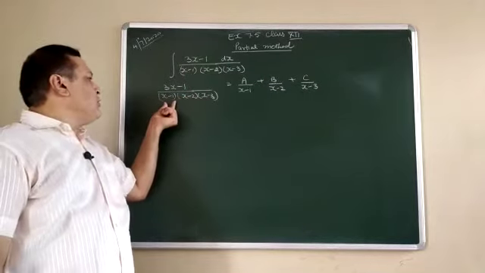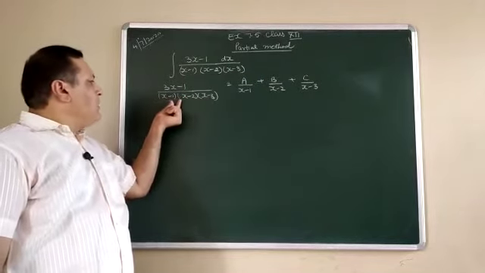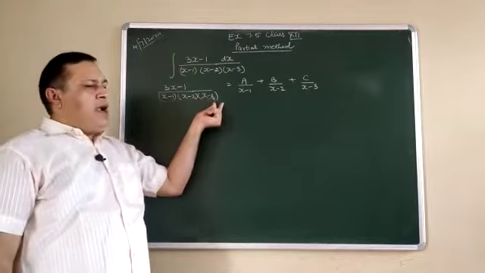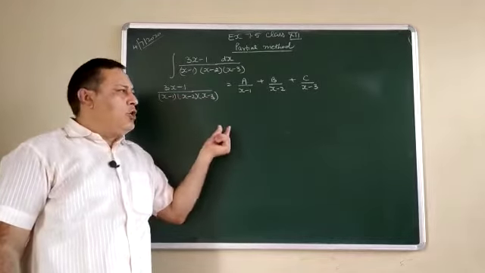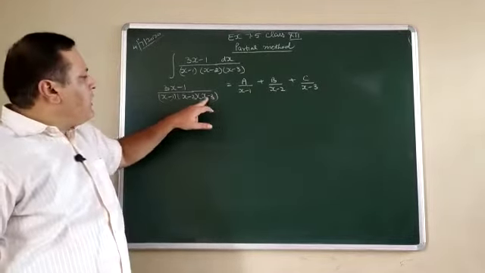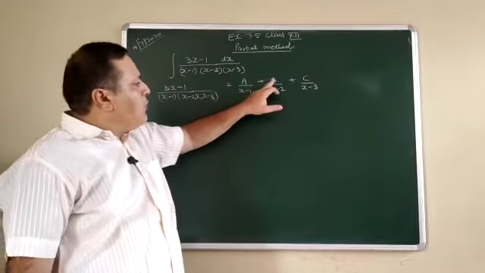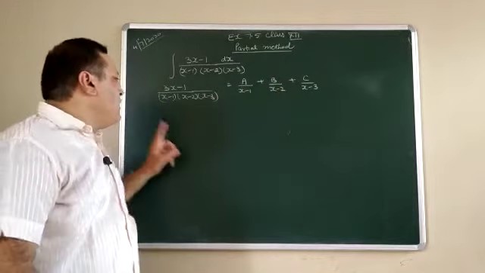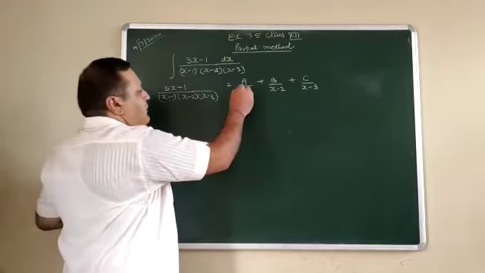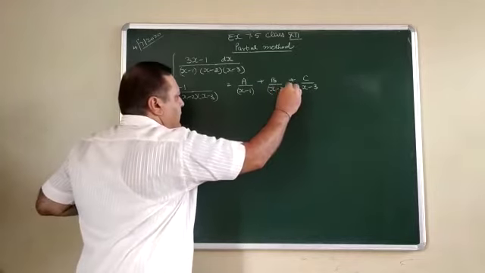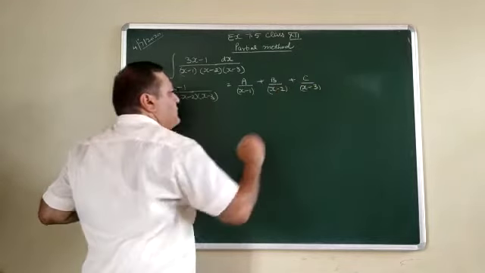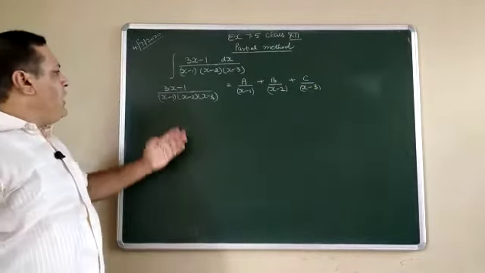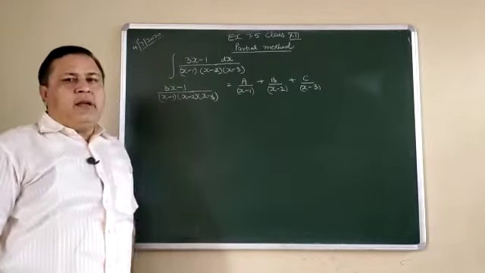It is not possible for us to break the product into addition as it lies in the denominator, so we change this function into the form of addition or subtraction. Remember that these functions should be linear. Now if you observe, all these functions are linear. We have to find the values of A, B and C.